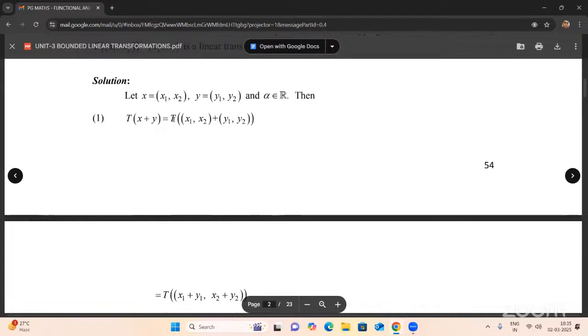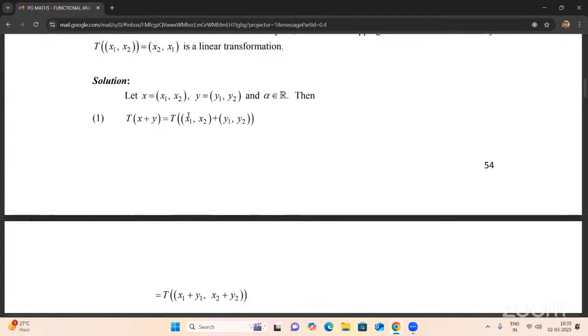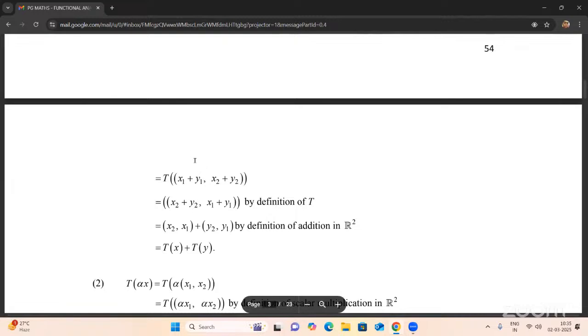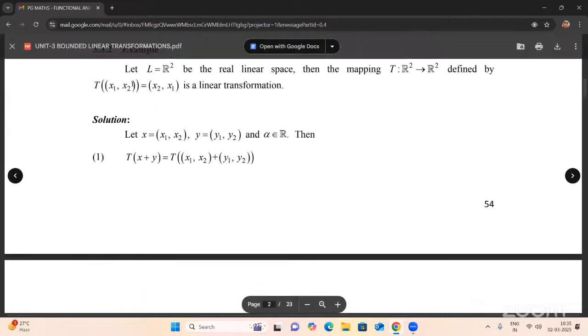So this relation must approach T of x1, x2 plus T of y1, y2. Okay. Now, this value is x, this value is y. T of x plus y, where there are two coordinates. Again, this value is x2, x1.